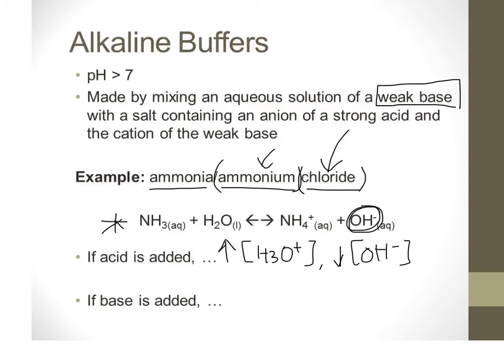So in order to restore the OH- concentration, our equilibrium is going to shift to the right, and that will then maintain the pH of the solution. If base is added, we're increasing OH- concentration, so our equilibrium would shift to the left, and therefore, again, restore the pH of our system.